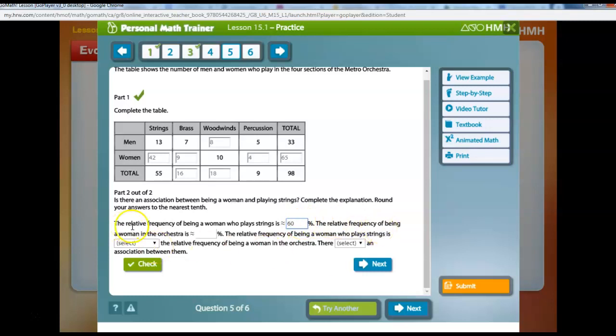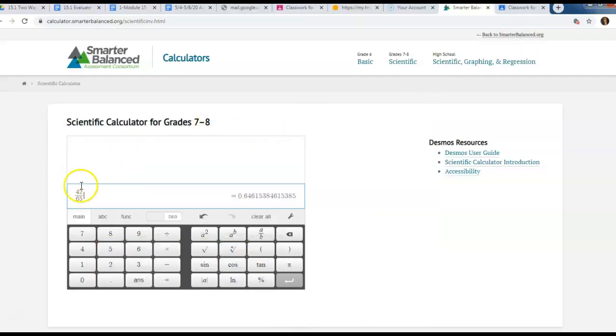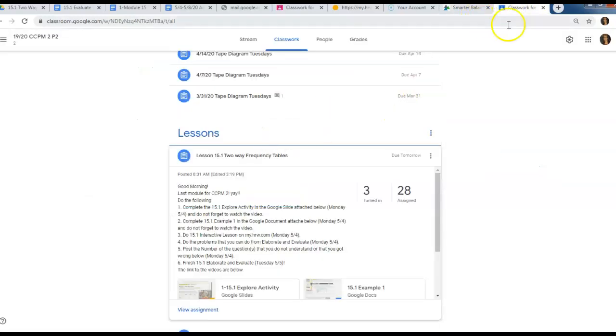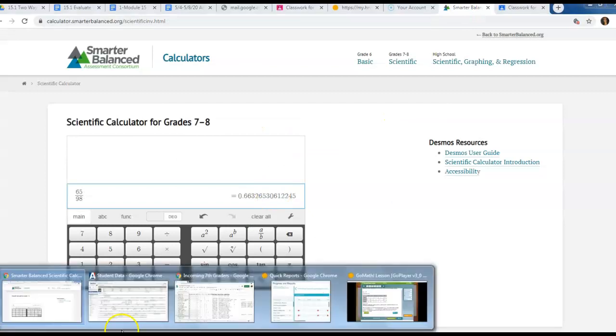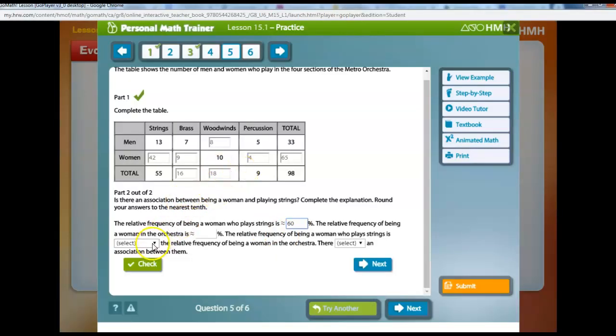The relative frequency of being a woman in the orchestra: there's a total of 65 out of 98 people. 65 out of 98 gives me 66, which rounds to 70%. Let me go back in here. That is 70%.